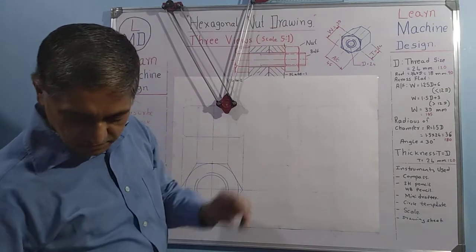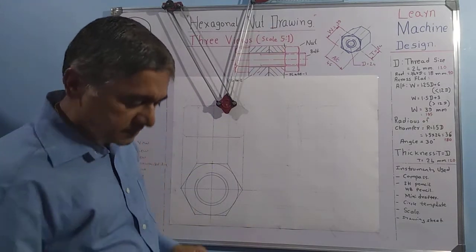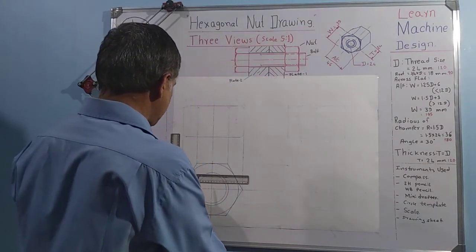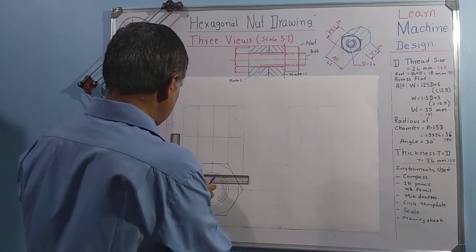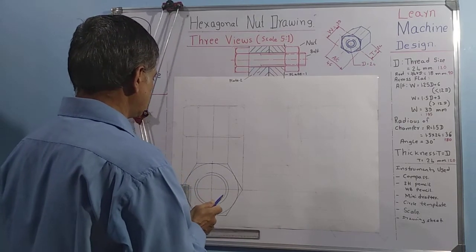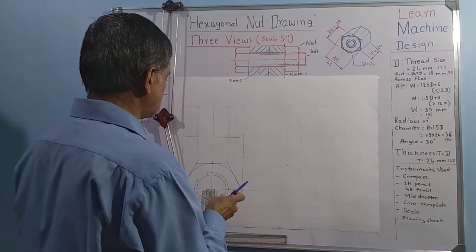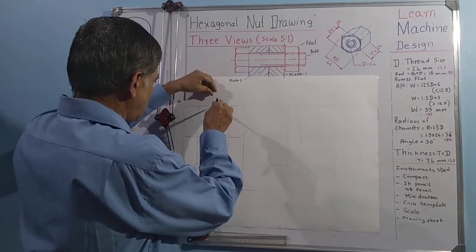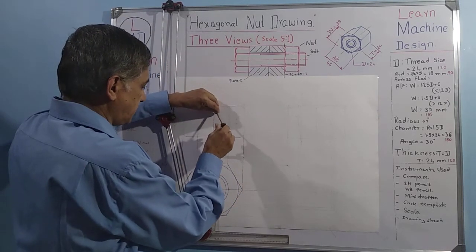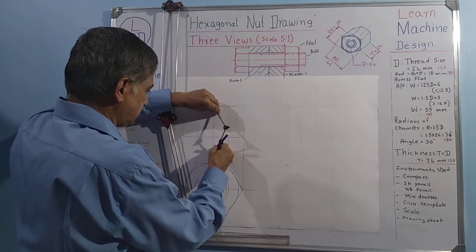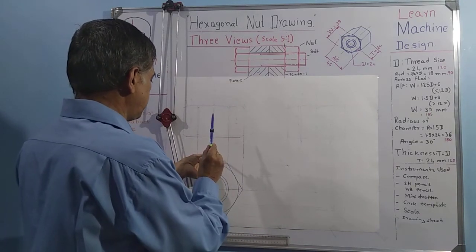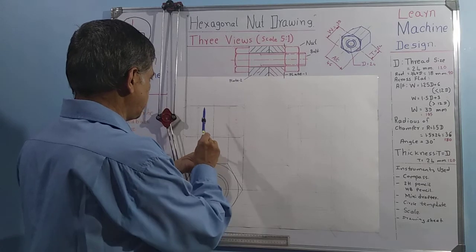I have to take this compass and fix it to 180 millimeter, and for the marking purpose I will fix like this and mark like this. And take this as a point.